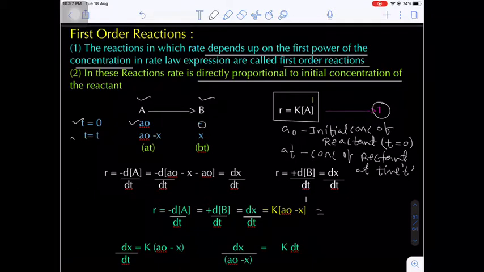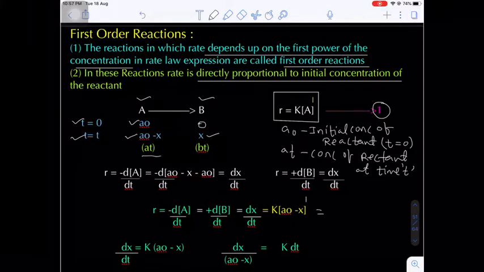At a time interval t, the concentration of reactant left will be A0 minus x. That means x moles of reactant are consumed from the A0 moles, so x moles of product will be formed at time t. The concentration of reactant left at time t is At, and the concentration of product formed at time t is Bt.